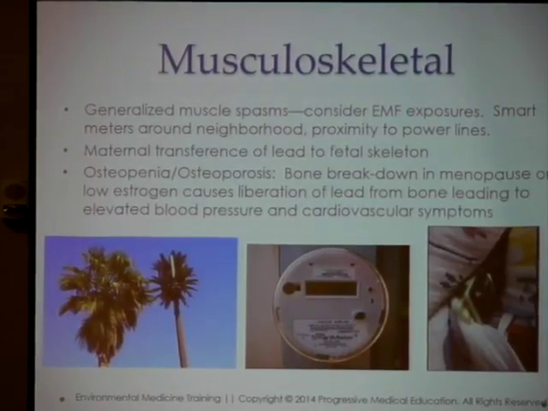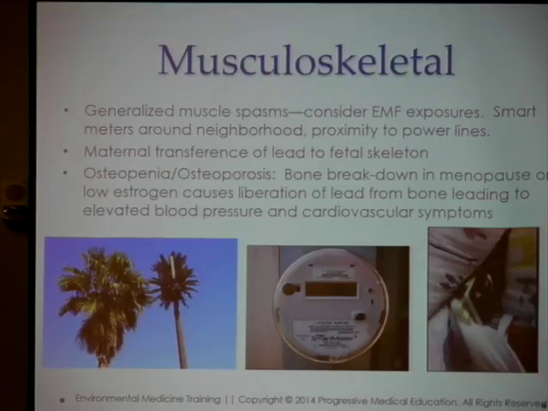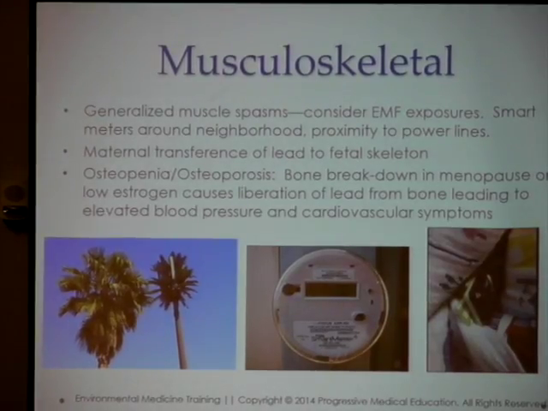I currently have a woman in my practice. She had seen a couple of other providers in my community whom I highly respect. She came to me because I'm an environmental medicine doctor. What we found is that her home sat on the grid, like a geo spot.